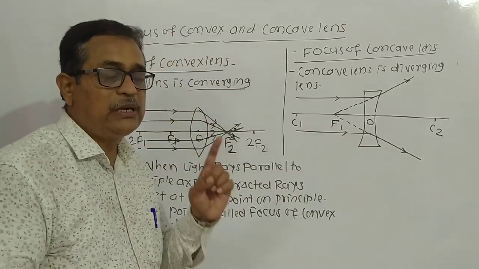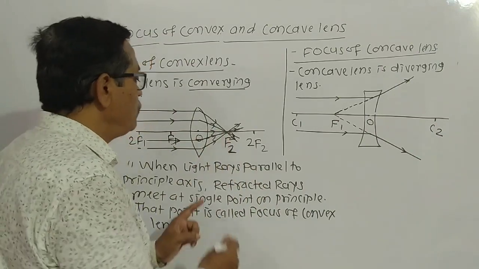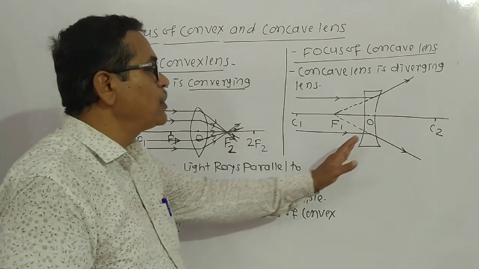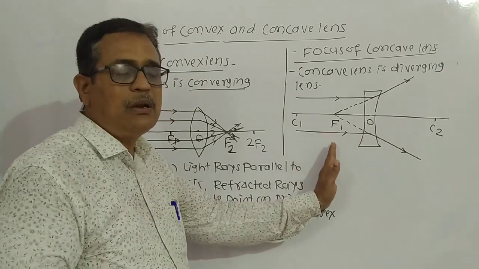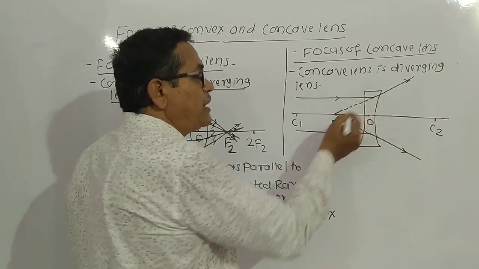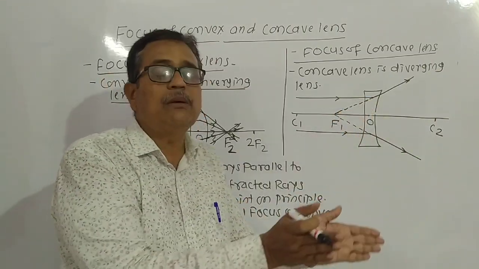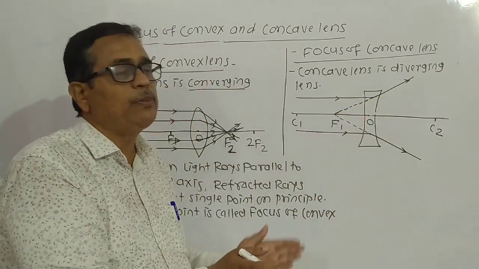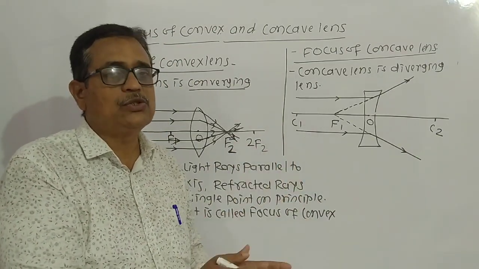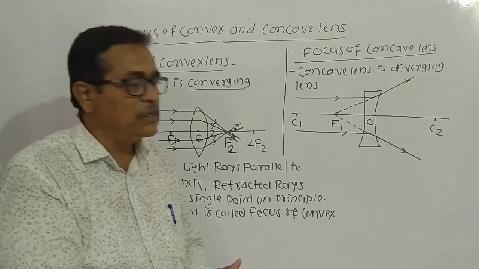Dear student, it is necessary to understand that focus of convex lens is to the right side of the lens, and focus of concave lens is to the left side of the lens. These two refracted rays appear to come from the single point on the principal axis to the left side of the lens, and hence that is called the focus of concave lens.